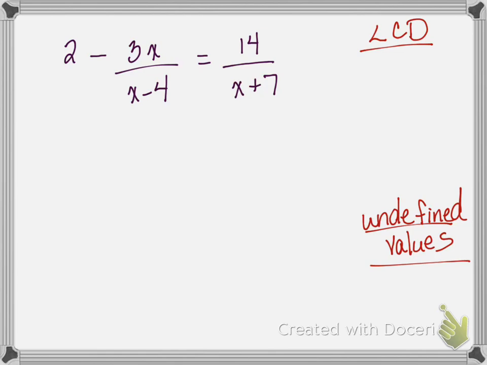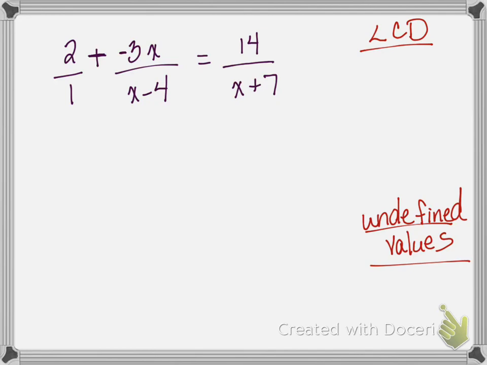Okay, let's try this one. What can I write that 2 over? Good. I'm going to write it over 1. I've already kind of got that minus with the 3x, but I just want to be super clear that that belongs to that numerator now. So I changed my minus to plus and put the negative with my numerator right there.